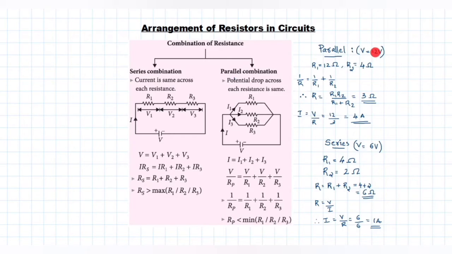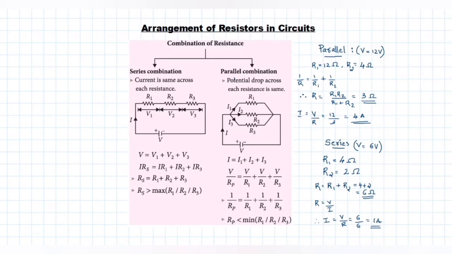Similarly, in series combination, if we have a battery of 6 volt and two resistors R1 and R2 of 4 ohm and 2 ohm respectively, then in the series combination, the effective resistance is going to be R1 plus R2.